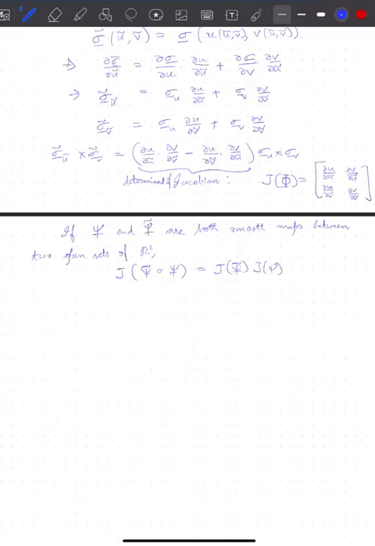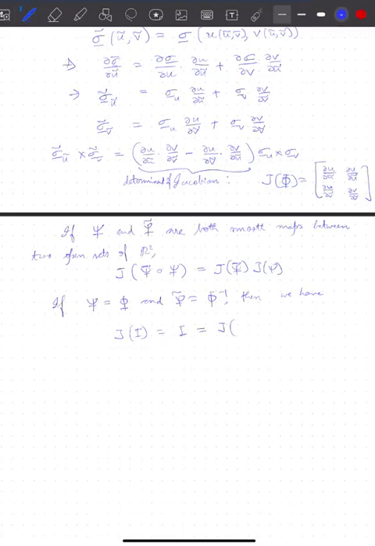Right? So now say psi is equal to phi and psi tilde is equal to phi inverse, then the Jacobian of phi composed with phi inverse is just the identity. The Jacobian of the identity matrix is just the identity.